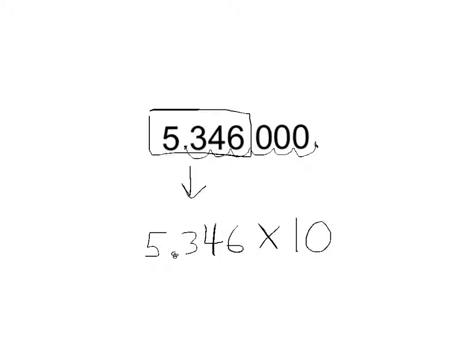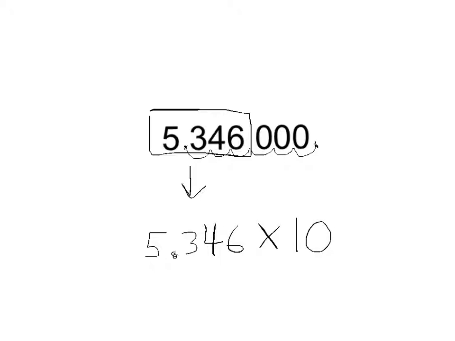And I'm going to get rid of all the unnecessary zeros. And there's my coefficient: 5.346. It satisfies the conditions. Is it between 1 and 10? Yes, it is. Like I said before, my base is always 10, so I can write that in.